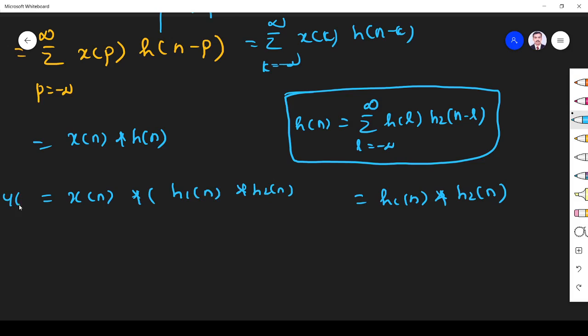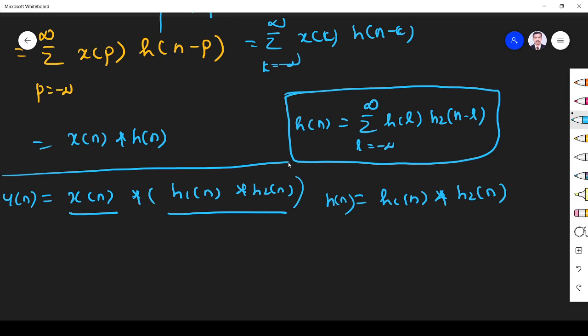So that is the overall output. The overall output is the input convolved with the two individual impulse responses. That's the associative property statement I told. So this is the proof. Thus it is proved.